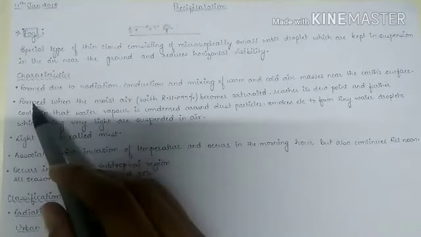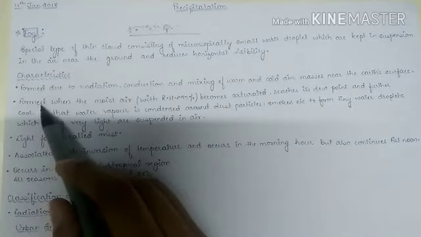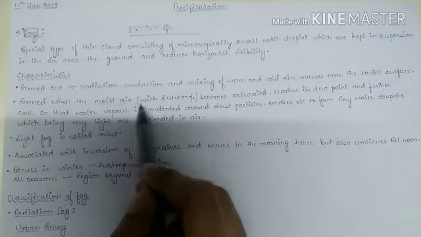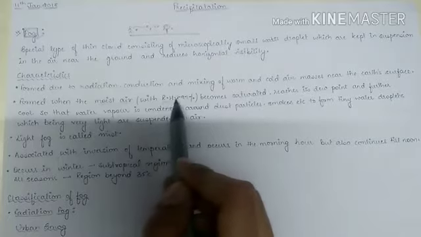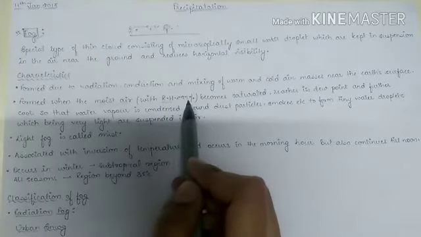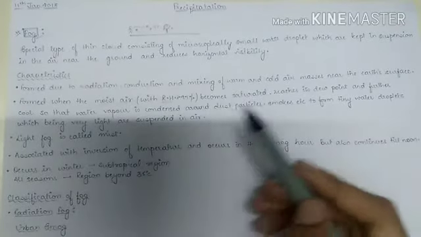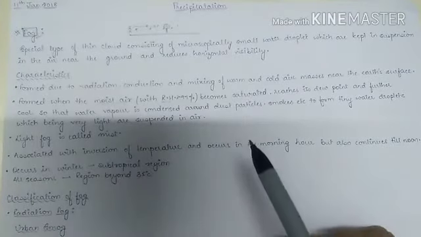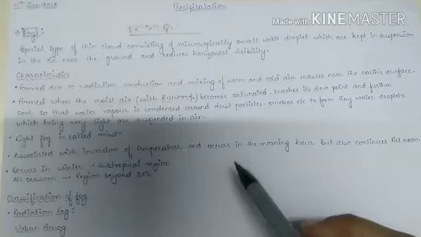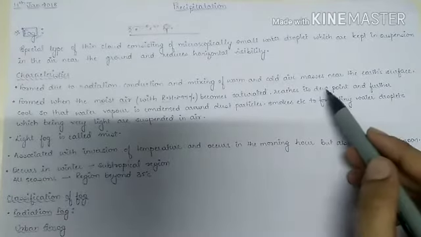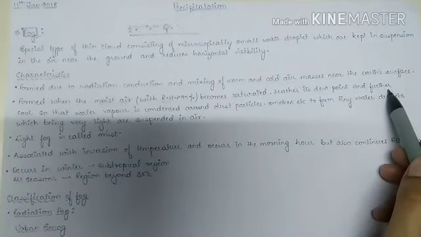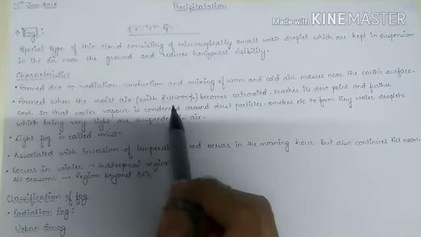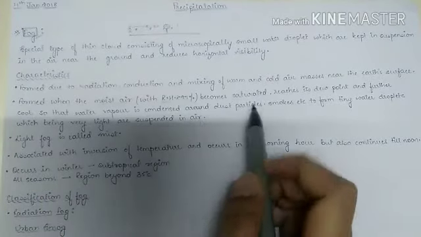The next point is, they are formed when the moist air, having relative humidity more than 97%, becomes saturated. So the moist air, when it becomes saturated, reaches its dew point, and even after reaching its dew point it further cools down so that the water vapor is condensed around the dust particles.